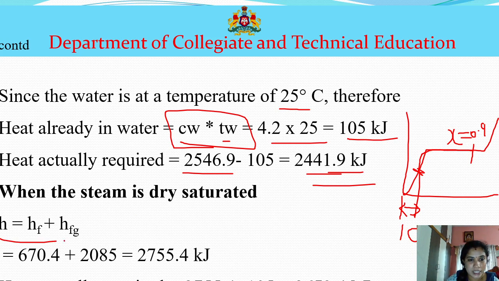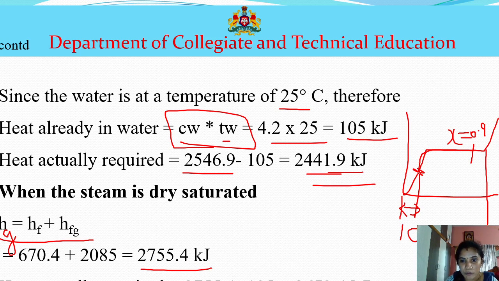Therefore, for dry saturated steam, we know that the enthalpy Hg equals HF plus HFG. So this is the answer. Directly you get the answer from the steam table, or you can calculate by using HF and HFG. Then the same concept will be applied here also. If I am heating from 0 degrees Celsius and if I am ending till here, then the value obtained was this much, 2755.4.